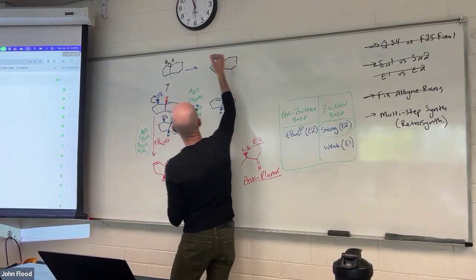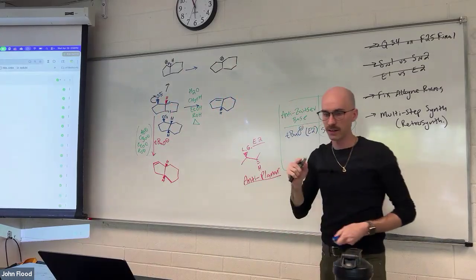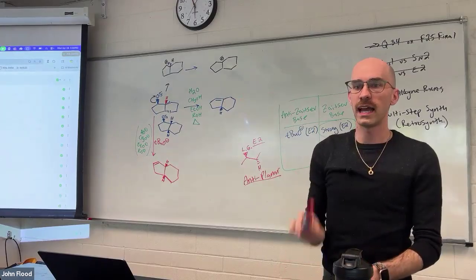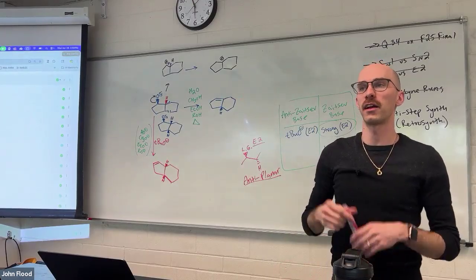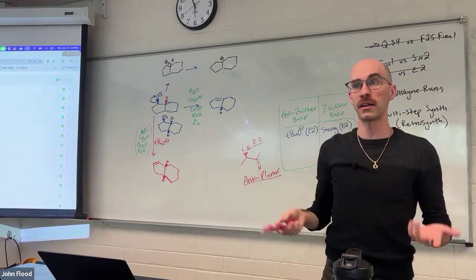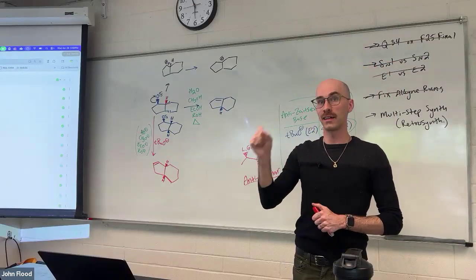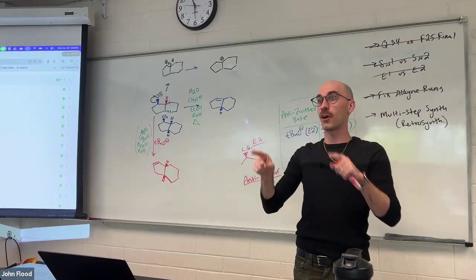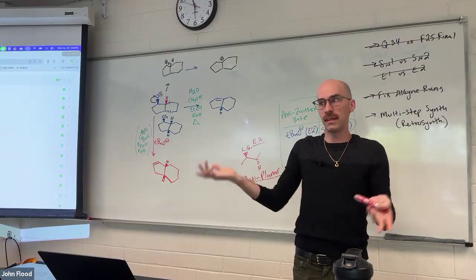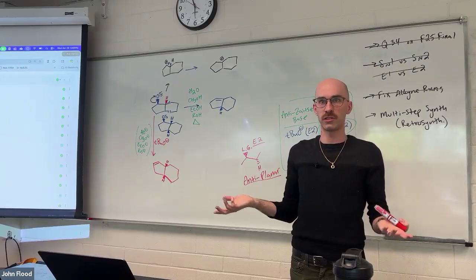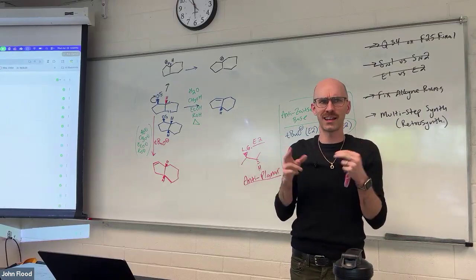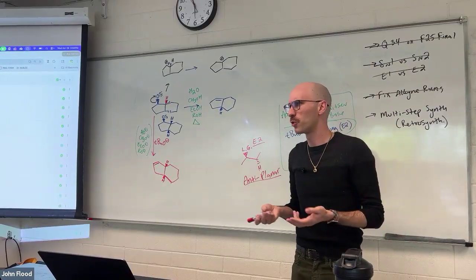You also asked this question at the end of class last time, which was whether the alpha carbon is where the carbocation is. And I would say the alpha carbon is where the carbocation is. And if the carbocation rearranges, then the alpha carbon rearranges. The alpha carbon is not a functional group.